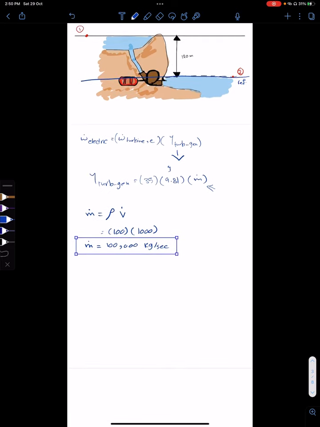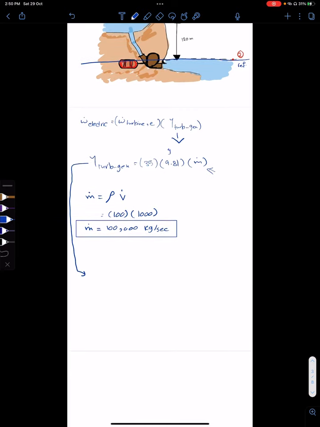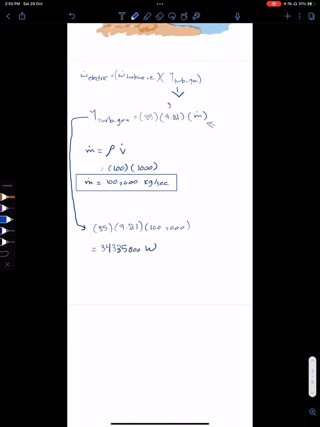Going back to the efficiency of turbine generator, we can say again 35 multiplied by 9.81 multiplied by 100,000. Its value should be 3,433,500 watt, and that's a huge number.